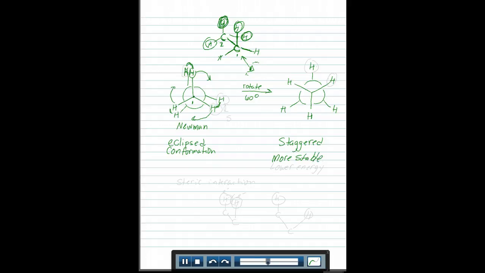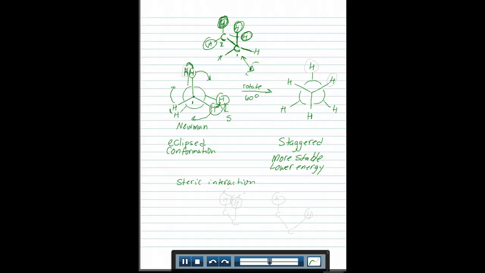The reason it's more stable is because it's lower energy. It's because of the interaction between your hydrogens. It's called a steric interaction.